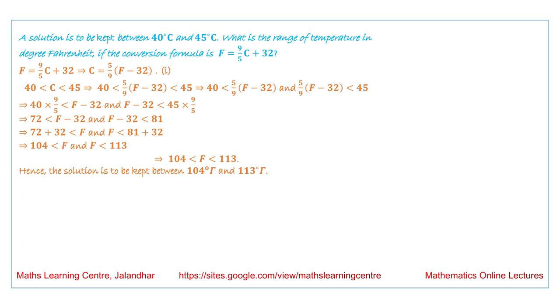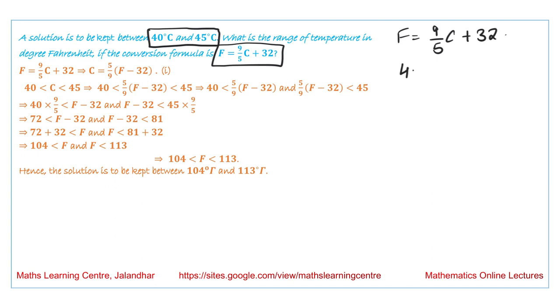Next is, a solution is to be kept between 40 degrees Celsius and 45 degrees Celsius. What is the range of temperature in degrees Fahrenheit if the conversion formula is this? We are given F is equal to 9 by 5 C plus 32, and the solution is to be kept between 40 and 45, so 40 is less than C is less than 45.